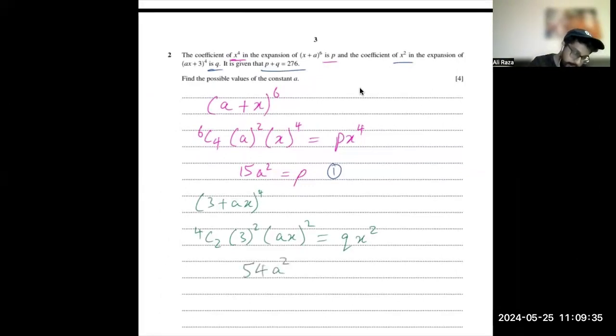This gives us 54a squared is equal to q. The x squares on both sides get cancelled out. So we have these two equations now.